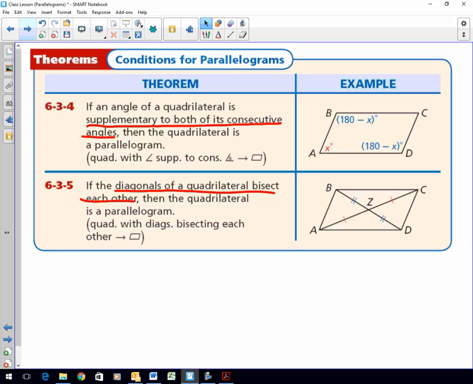Three, both pairs of angles are congruent. Got a parallelogram. Four, both consecutive angles are supplementary. Got a parallelogram. Number five, diagonal bisectors. The big five.